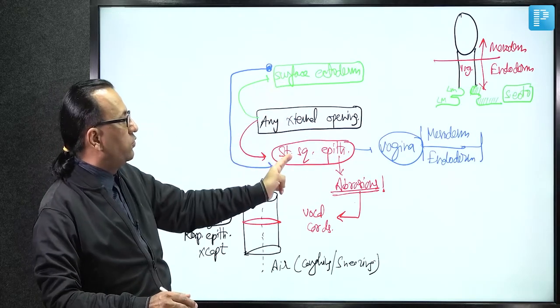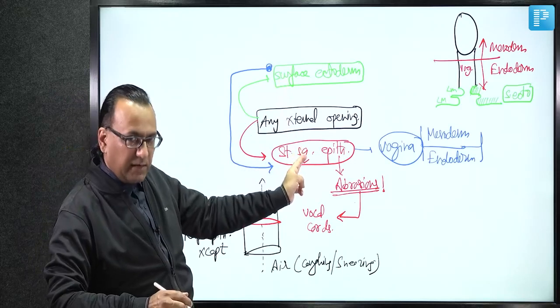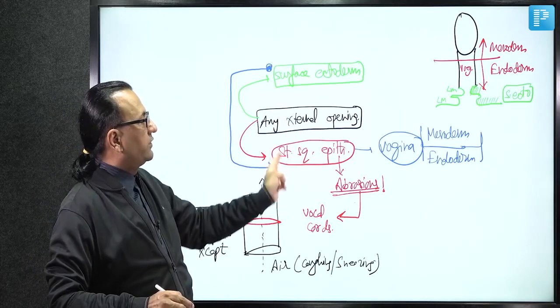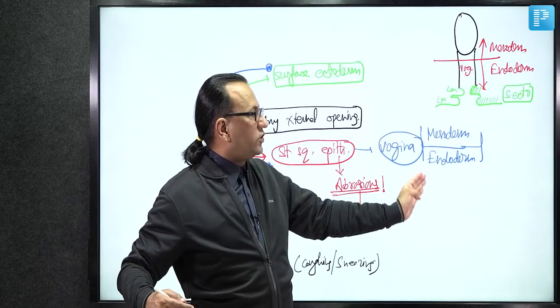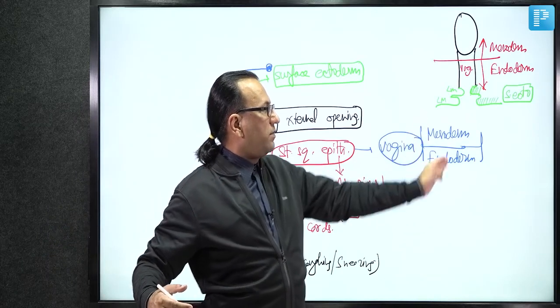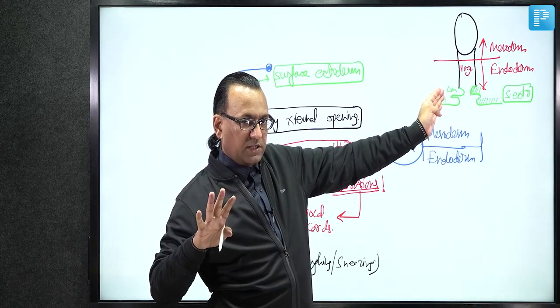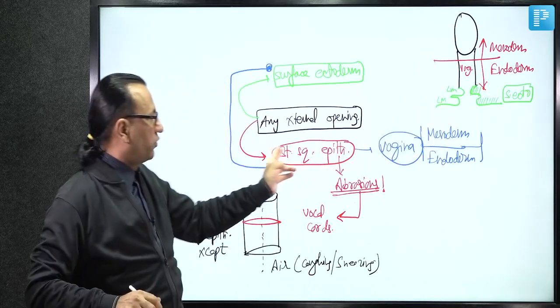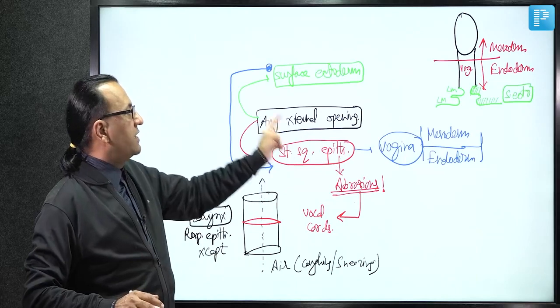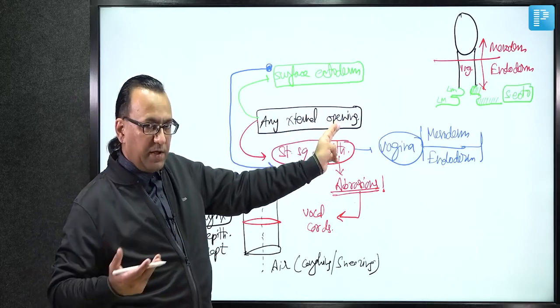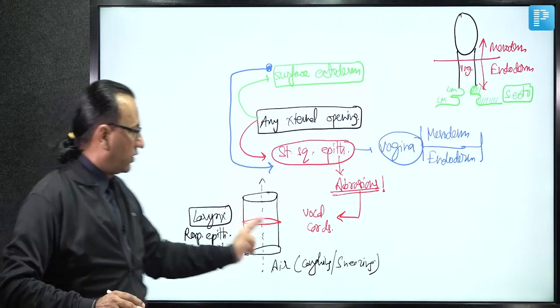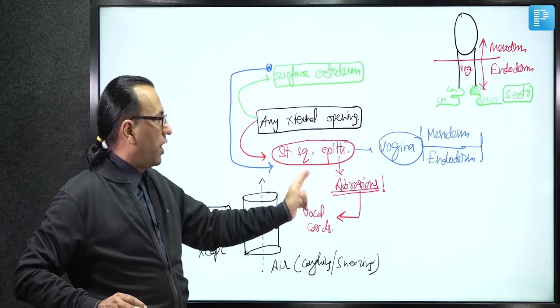That is a generalized rule, but these rules can have exceptions. As we mentioned, stratified squamous epithelium can be present on structures derived from mesoderm, endoderm, like the vagina. Vagina has no ectodermal origin as such, but is lined by the stratified squamous epithelium. And then, not necessarily any external opening. It can be internal opening also, like vocal cord, to be lined by stratified squamous epithelium.